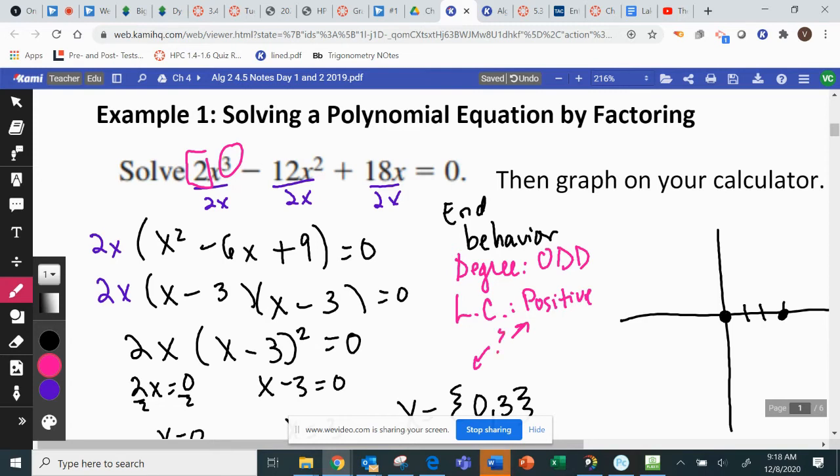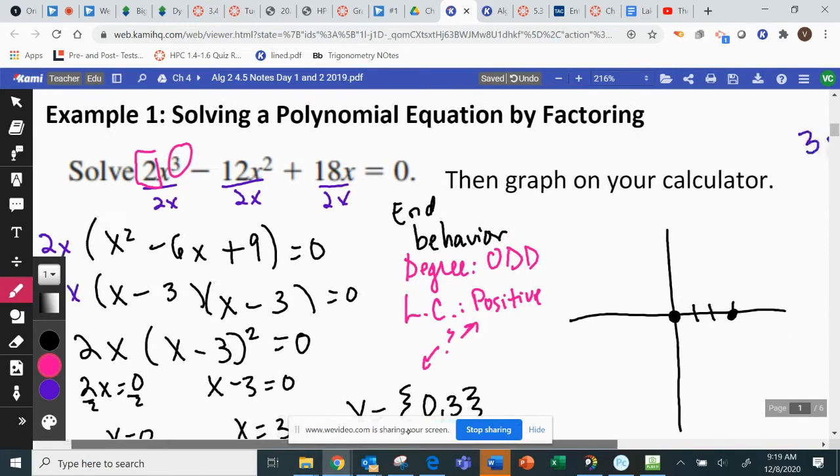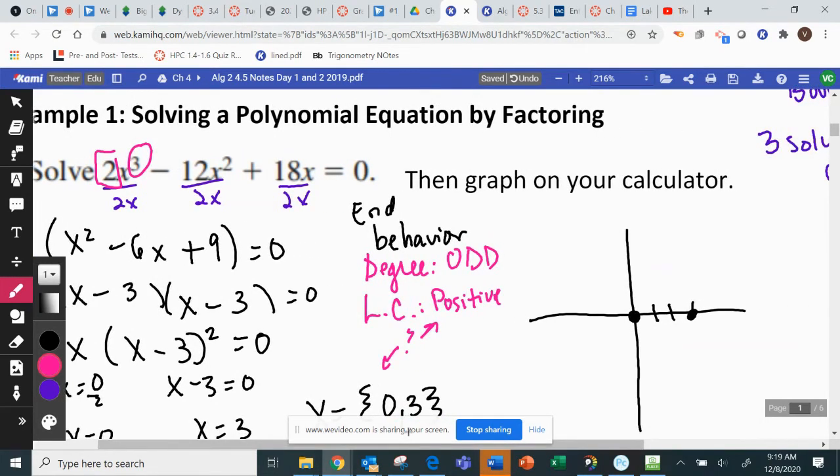So what I can do from these points is I can for sure tell you that this graph is going to look like that on the end. I can also tell you that this graph is going to look like this on the end, because that's the end behavior. And now I can kind of tell you what it's going to look like in the middle.